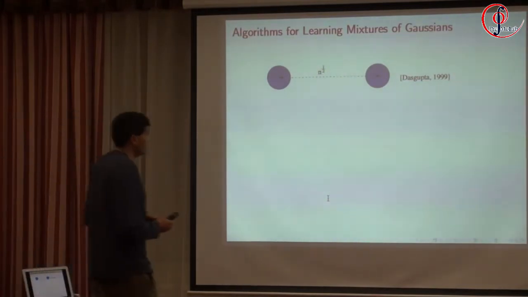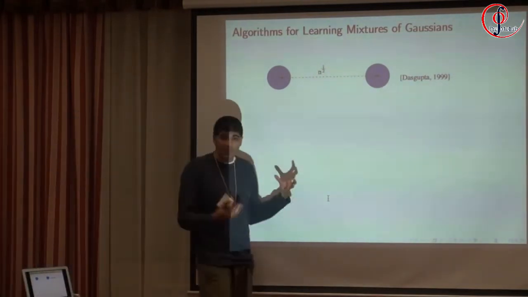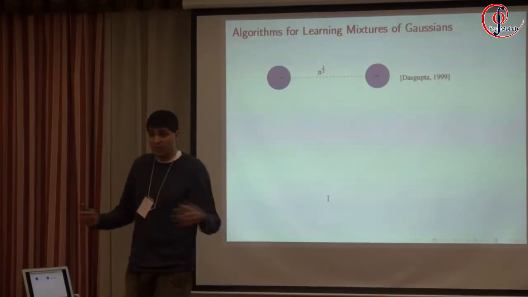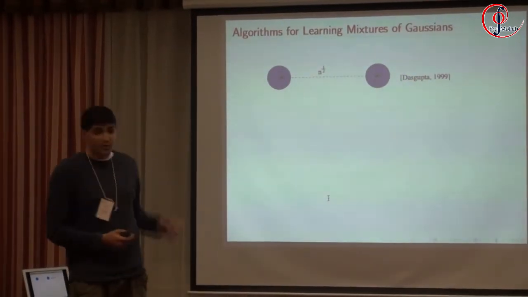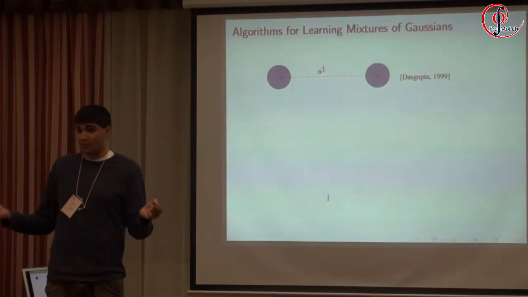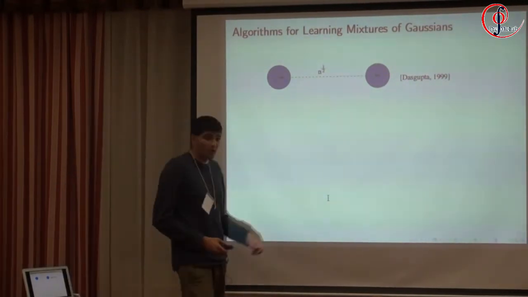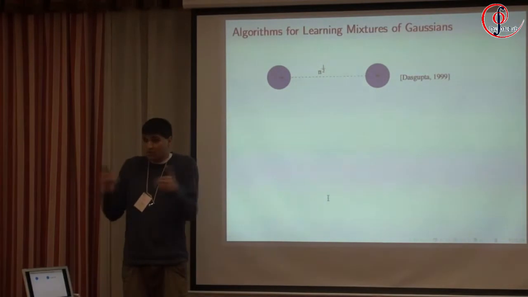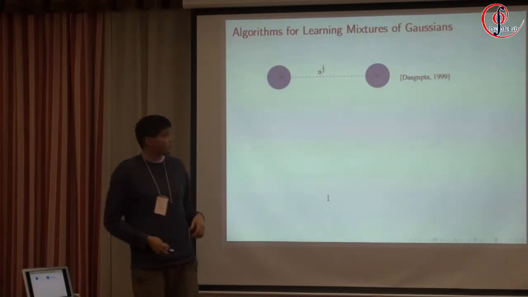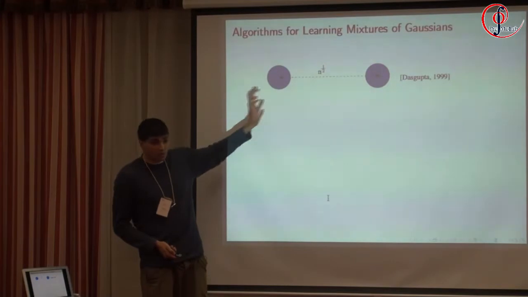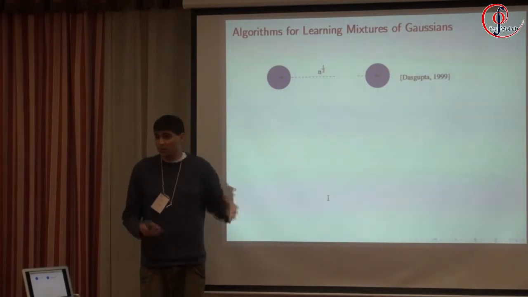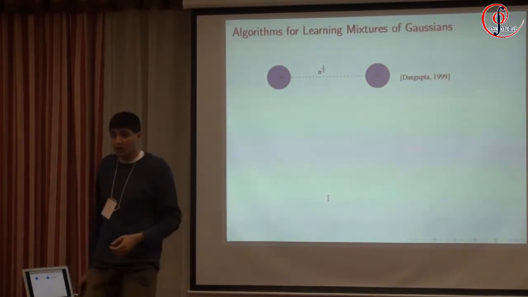It's based on the idea, for example, that if we have mixtures of Gaussians whose components are extremely far apart, for example, their centers are root n times the largest variance apart, then in fact what you can do is project onto a lower dimensional subspace and these clusters will still be relatively disjoint. And that way you can cluster which data came from which component and just spit out the empirical mean and empirical covariance.